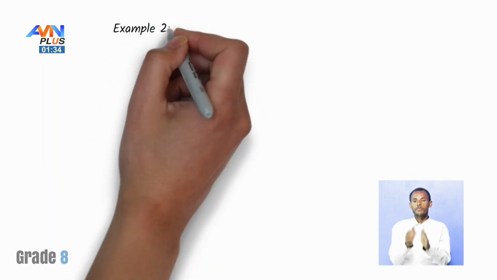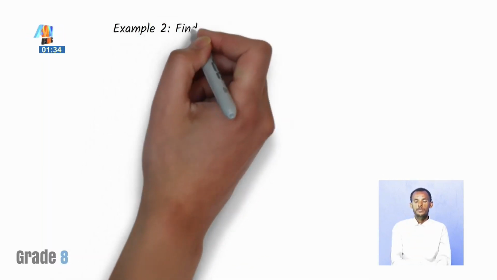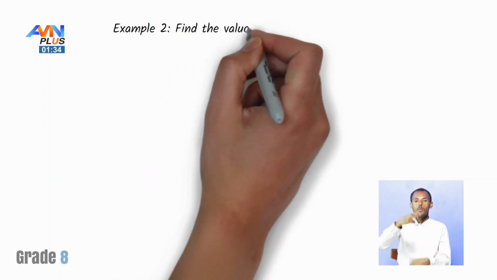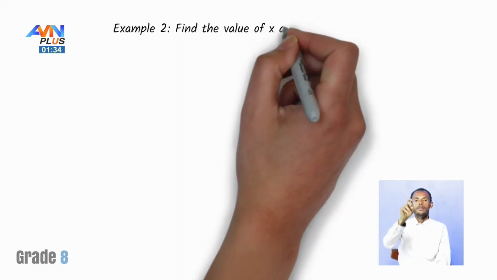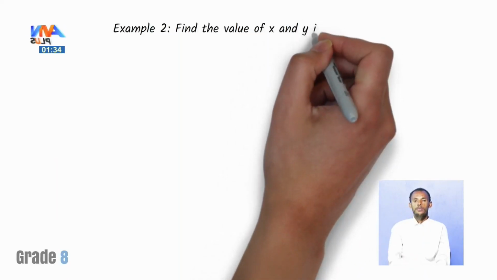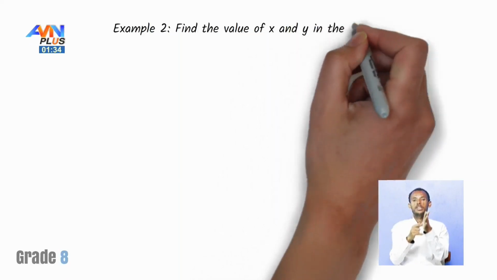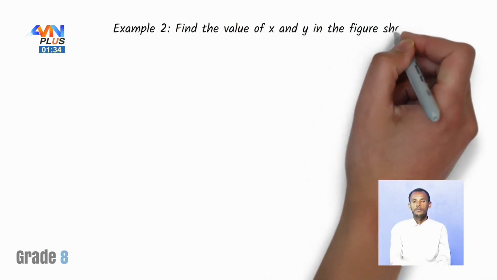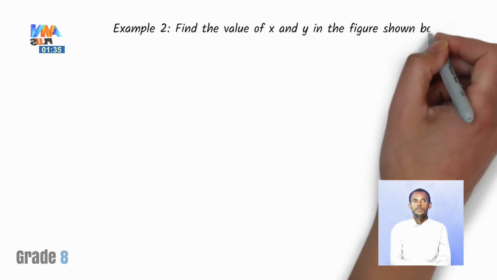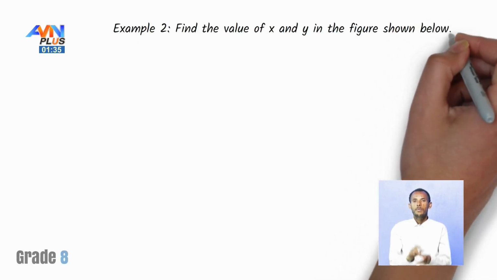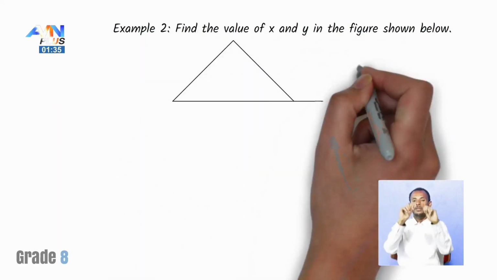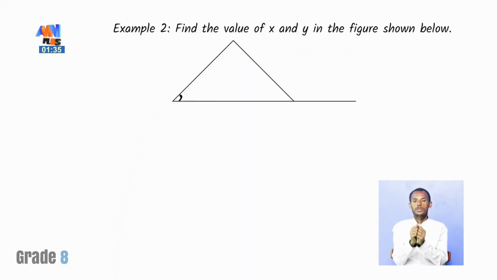In example 2, find the value of x and y in the figure shown below. The figure looks like there is a triangle with an angle of 65 here. This is x.